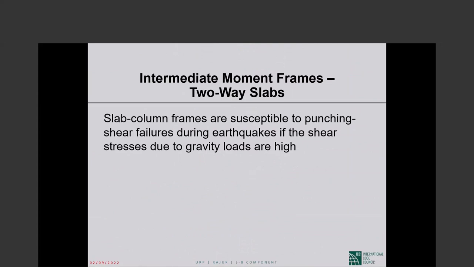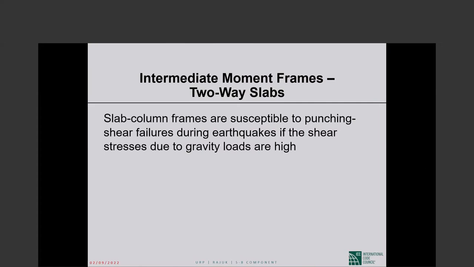The punching shear part is significantly more important, as I have kept on telling you. So slab column frames are susceptible to punching shear failure during earthquakes if the shear stresses due to gravity loads are high. That is, I think, intuitively understandable.